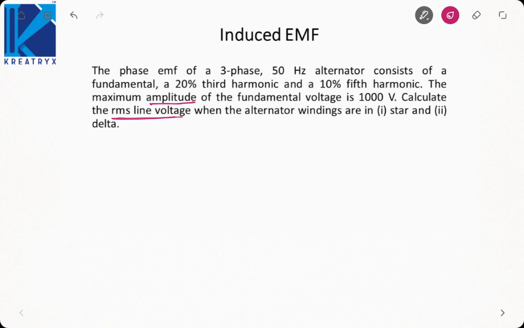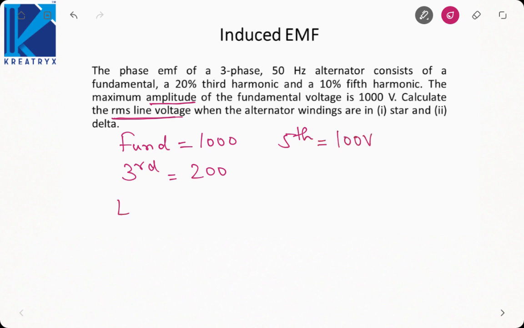Now let us see, fundamental is given as 1000. Third harmonic is 20%, so it will be 200. Fifth harmonic is 10%, so it will be 100. Now we know in star connection, in line voltage, third harmonic will not be present. Line voltage will be equal to root 3 times phase voltage. How to calculate phase voltage? Using fundamental and fifth harmonic. Why not third?